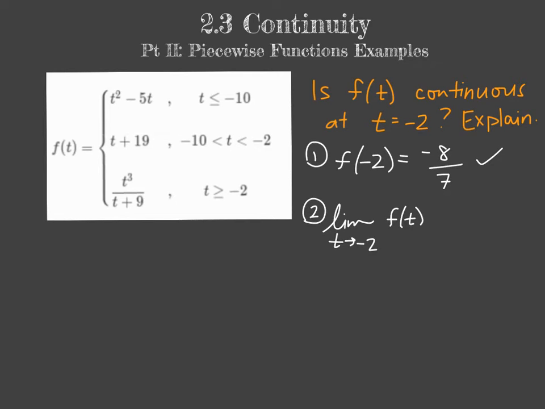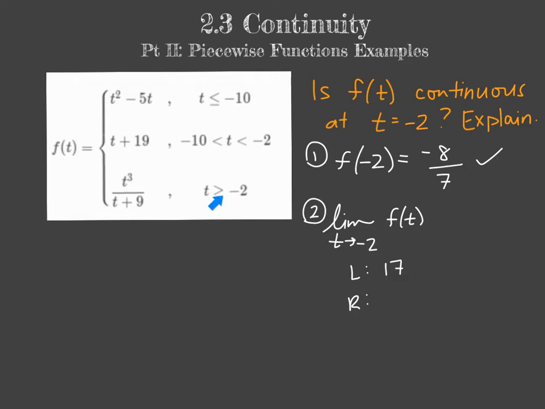The second part of our continuity at a point checklist is the limit as t approaches -2 of our function. And again, we have to check both the left and right-sided limits. I'm just going to, for the sake of time, write L and R. I hope that's okay. As we approach -2 from the left, we're looking here. And so when we plug in -2 as we approach it from the left, we'll get 17. And as we approach -2 from the right, we're plugging it in down here.